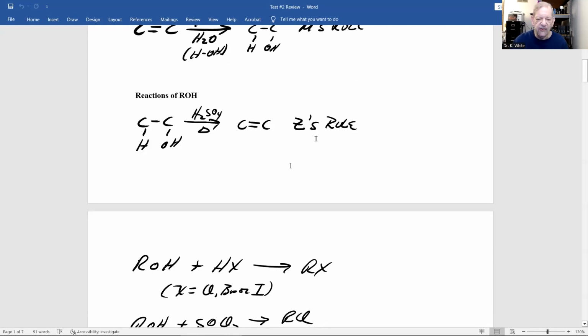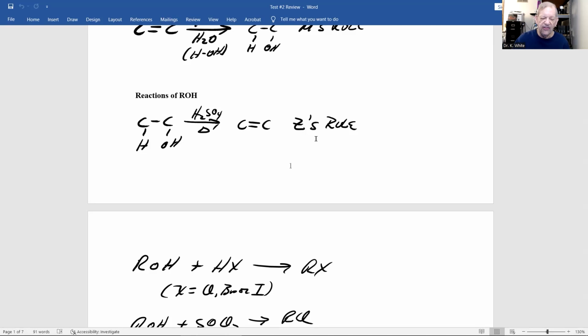And Zaitsev's rule is you get the molecule or the double bond alkene that has the most, and listen carefully, carbon atoms directly bonded to the carbons of the double bond.